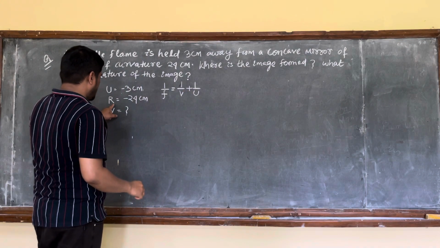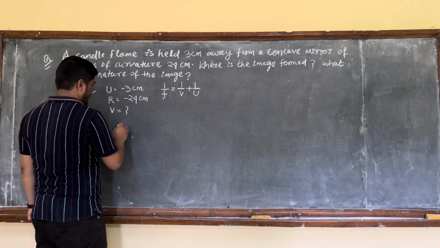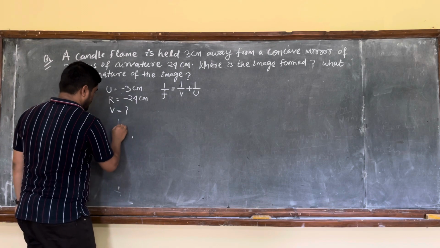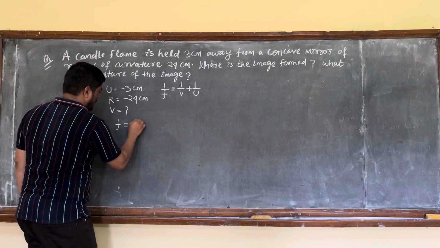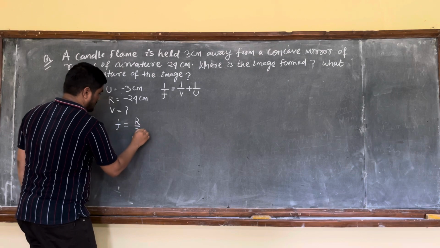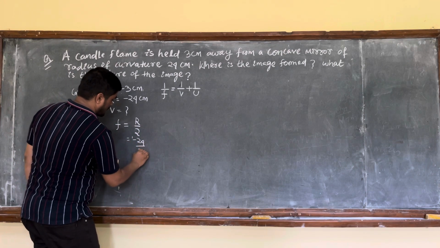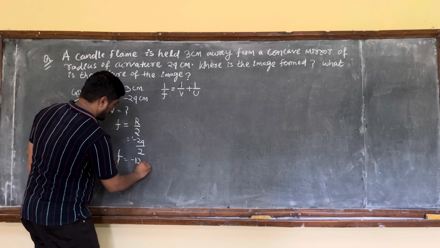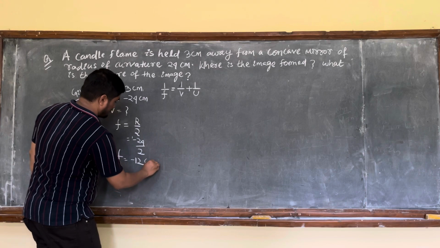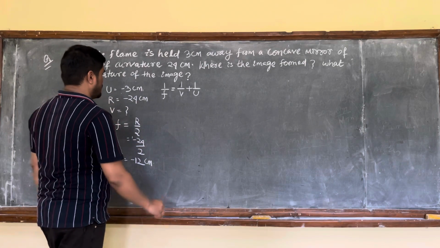Here the radius of curvature is given, 24 centimeter, and the relation between the radius of curvature and the focal length f is that the focal length f is half of the radius of curvature, so that is minus 24 divided by 2, so focal length will be minus 12 centimeter. So you have to put this value here.